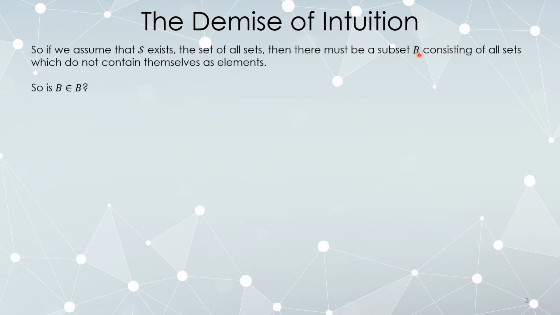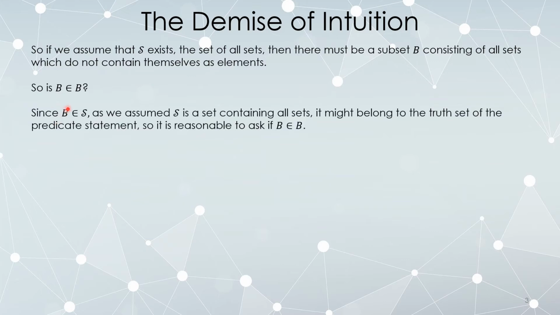So does this subset B contain itself as an element? Since B is a set, it must be an element of S, remember S is all possible sets. It might belong to the truth set, so it's possible to ask, is it an element of itself? But what makes a set belong to B is when this statement is true.